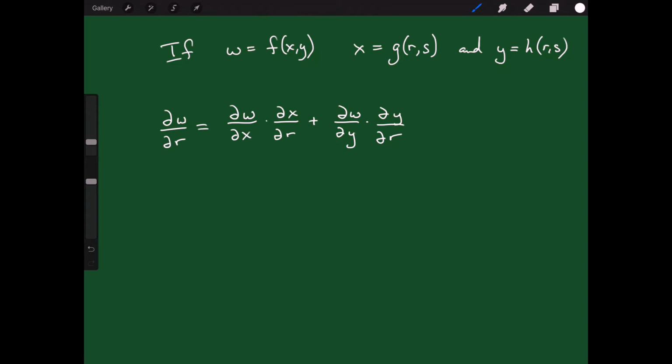Because I'm trying to find the partial of w with respect to r, I can break that up into two components, the x component of that partial and the y component of that partial.